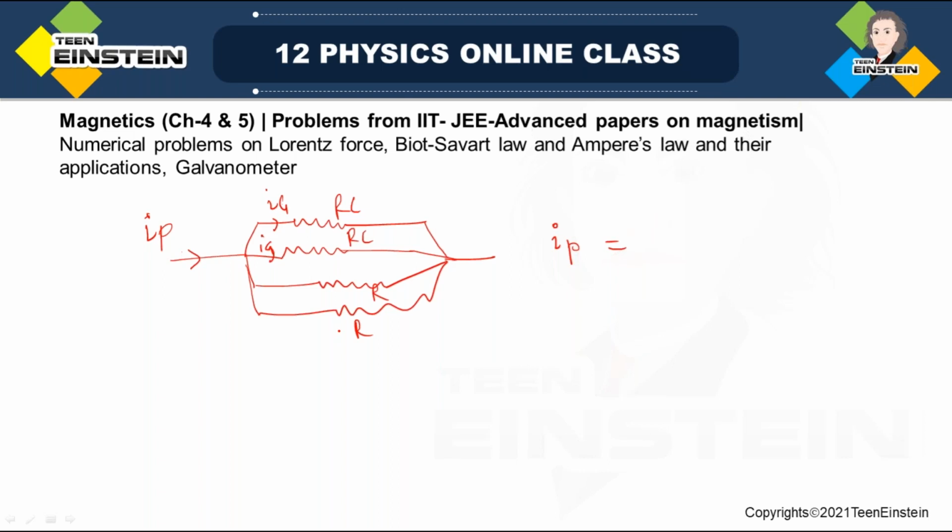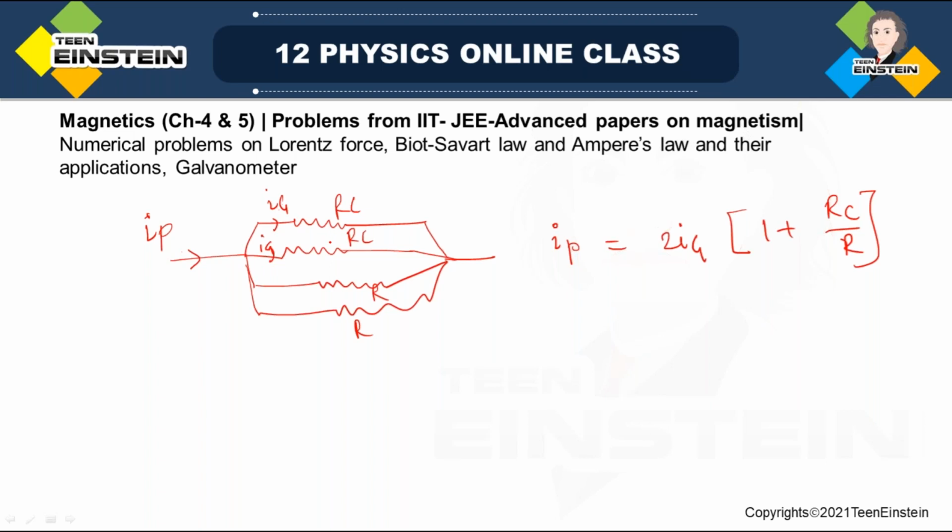So 2IG, 2IG, 1 plus RC by R. I hope you have understood this. See, the current IG, if I just take this is IG, this is IG, so 2IG, all right?